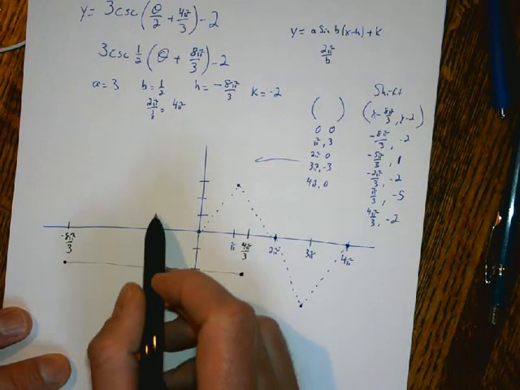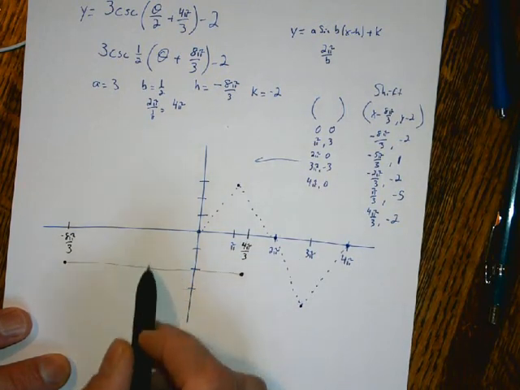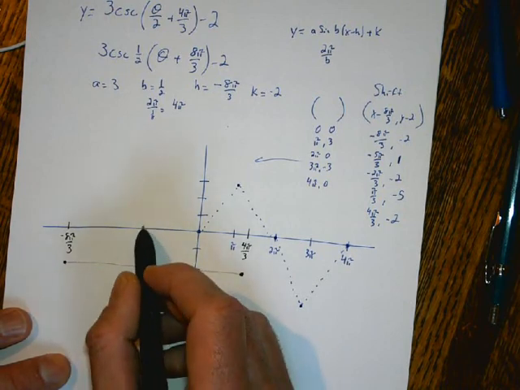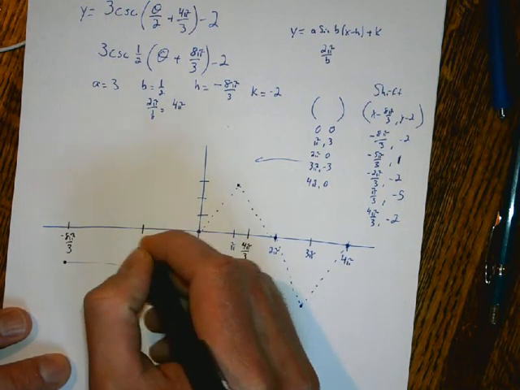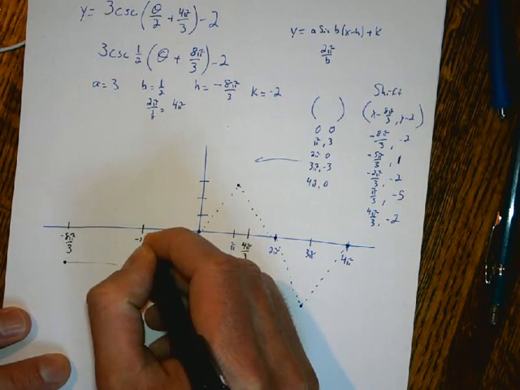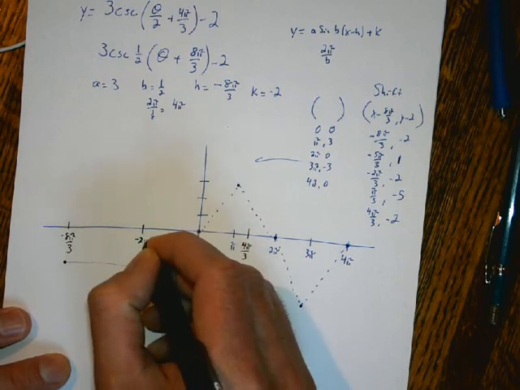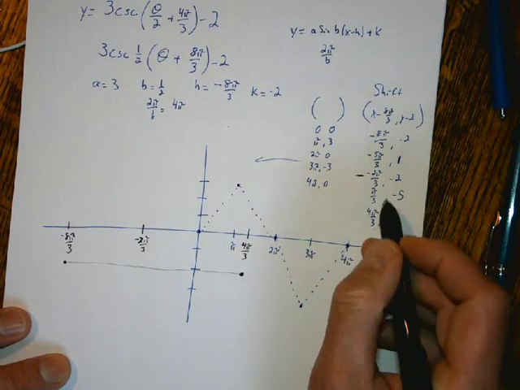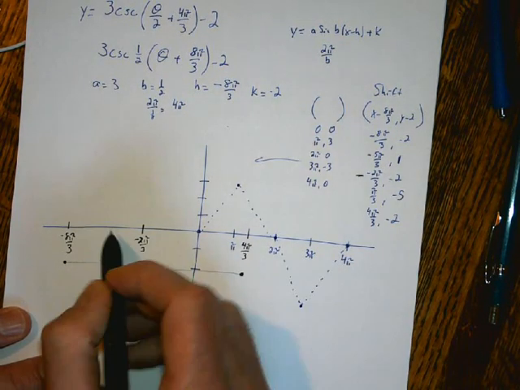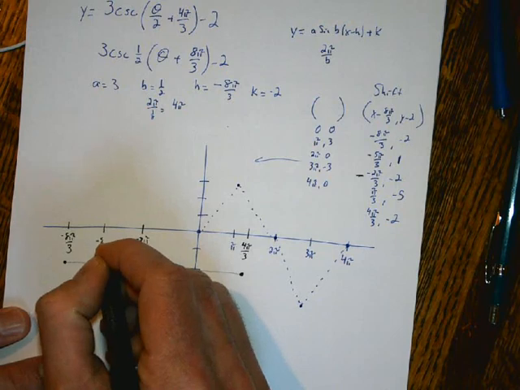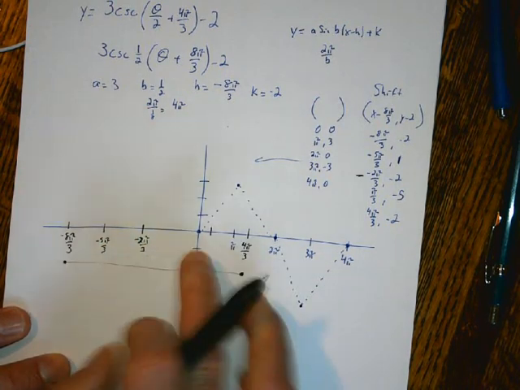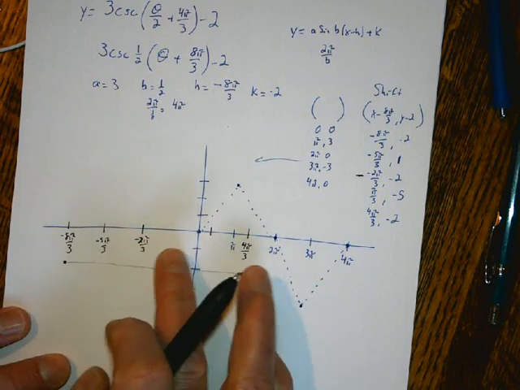So we'll call this, I'm just kind of guessing about here on my line. About here, we'll call that negative 2 pi over 3, excuse me. Okay, that's my halfway spot. So to the left of that's got to be the negative 5 pi over 3. And to the right of that's got to be pi over 3. Now, obviously, I think my spacing got a little bit bad in here, but, you know.